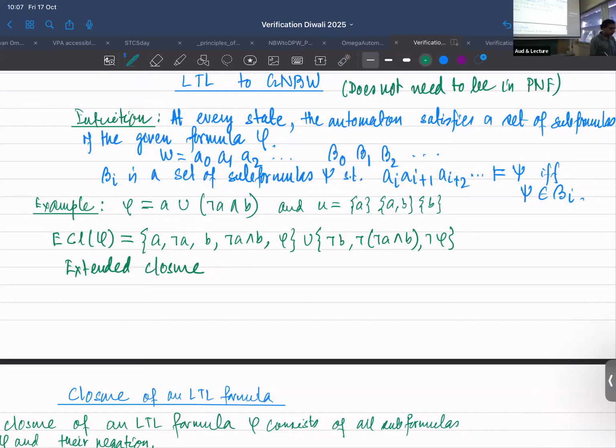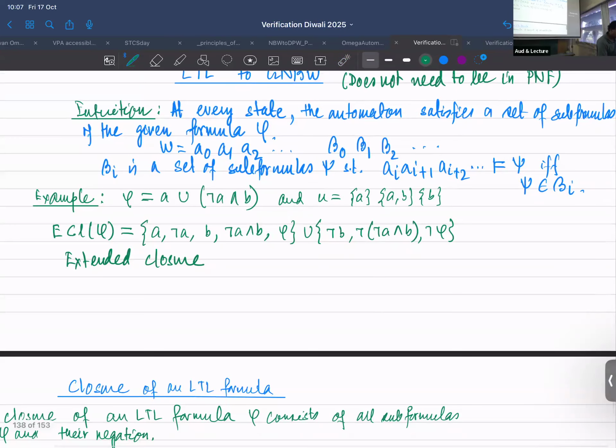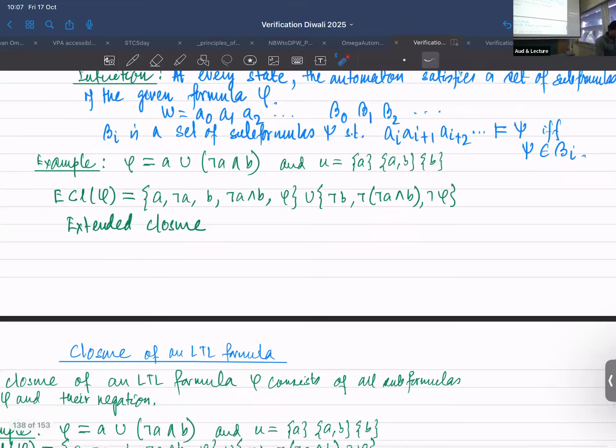So the closure here will be all the subformulas that you have, and you also take their negations. For example, suppose phi is A until not A and B. Then in the closure you have A, the negation of A, and the negation of A and B, since it's of the form phi 1 until phi 2.